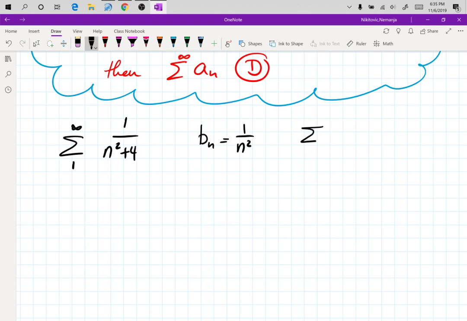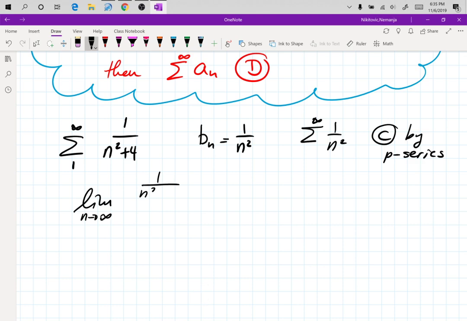So we know that the summation of 1 over n squared converges by p series. And now we take the limit of an over bn. An is 1 over n squared plus 4 divided by 1 over n squared.